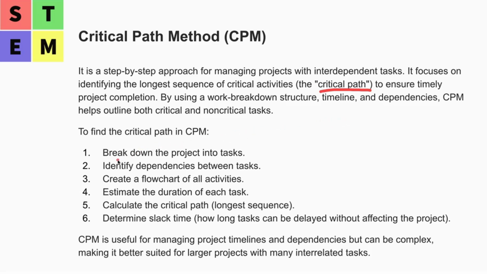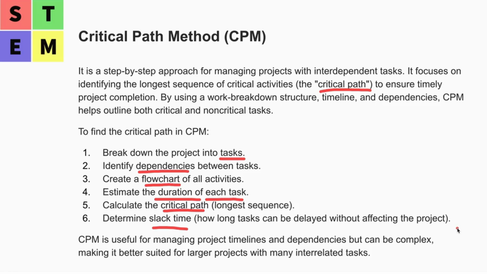So to find the critical path in CPM, we break down the project into tasks, identify dependencies between tasks, create a flow chart of all activities, and estimate the duration of each task. Then calculate the critical path, basically adding them together, and determine the slack time, which is how long a task can be delayed without affecting the project.